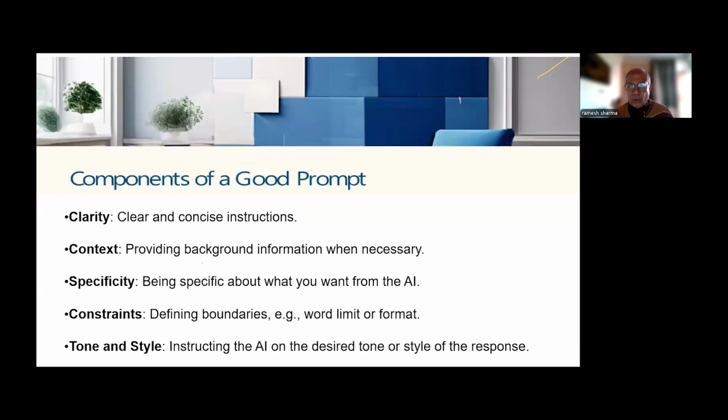So a good prompt should be clear. It should provide necessary background. It should be specific about what you want from the AI. Define your boundaries, like 200 words, 300 words, and you can instruct it for the tone or the style. Like you can say, okay, keep the conversation tone as professional, academic, or for a layperson, or for fifth graders.